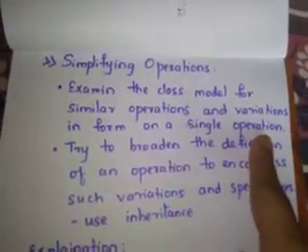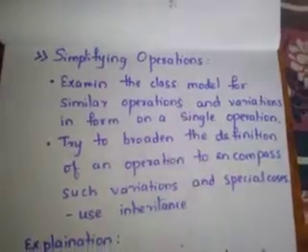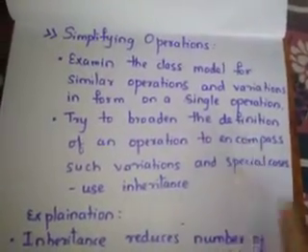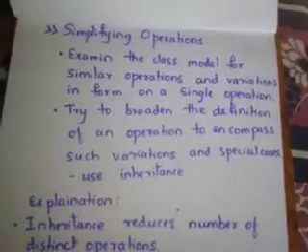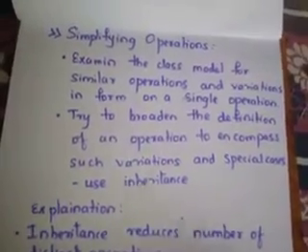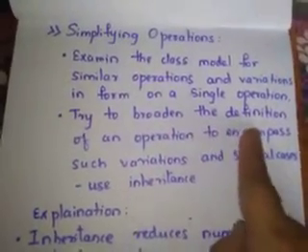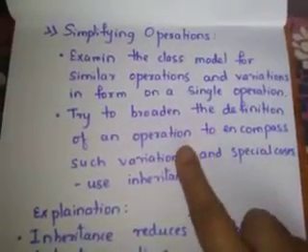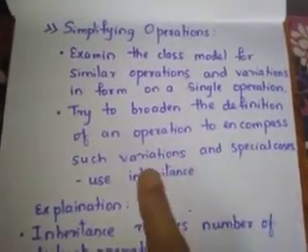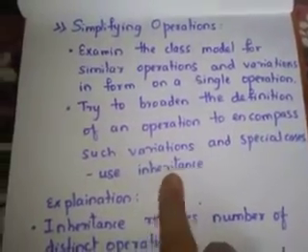Now when we come to know the similar operations, what we need to do is try to broaden the definition. Instead of writing a class for salary to temporary person and salary to daily wage person, we should broaden the definition and make it just a functionality called salary, right? For that we start using inheritance.